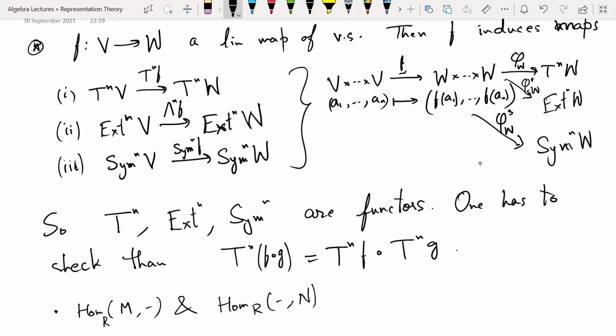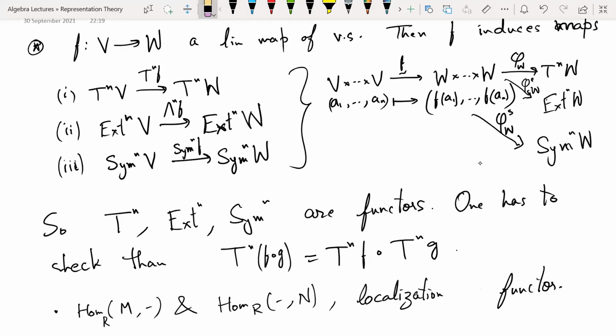Or localization. Did we cover localization? So localization is a functor. I think we must have done localization in algebra 3. So localization is also a functor. Yes? Maybe there are too many things.